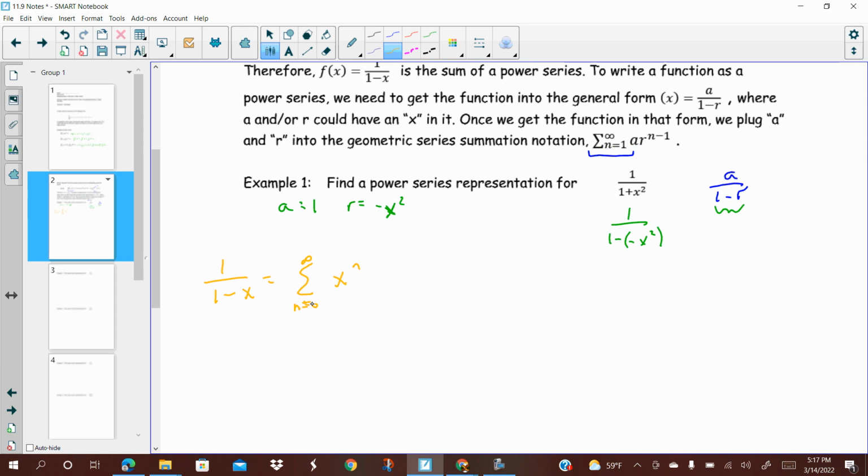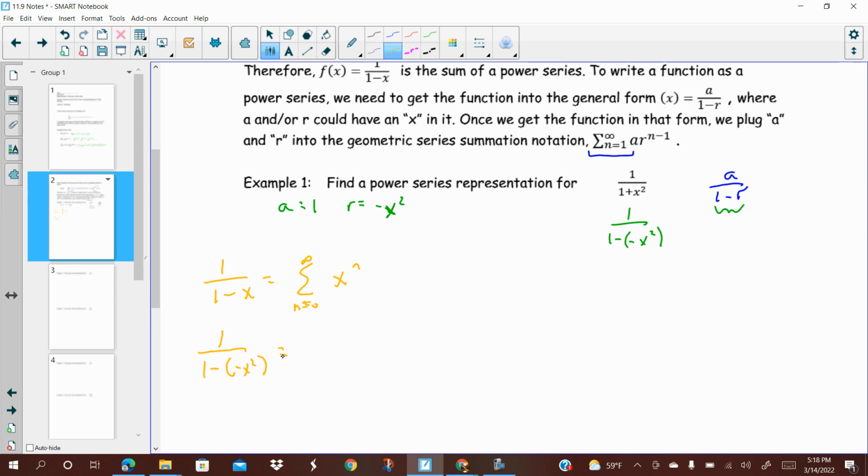Well, I want to create it so that it's 1 over 1 minus negative x squared. I want to substitute the r in for x. So now I'm going to write this as 1 over 1 minus, substitute r where the x is, negative x squared. Well, what we literally just did was we substituted negative x squared into x.